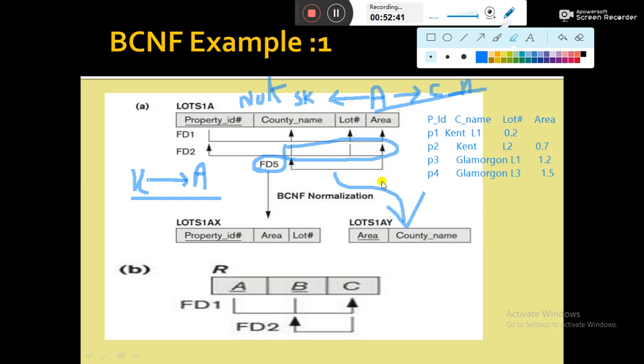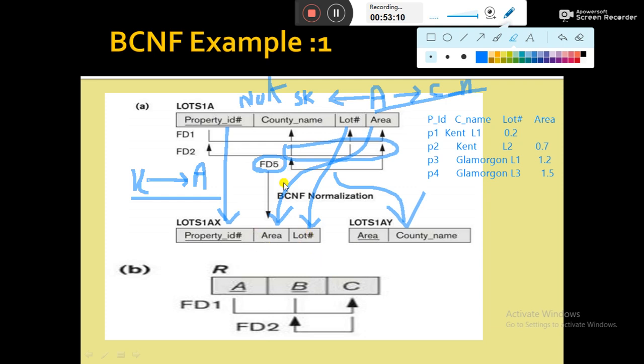Based on FD5, area is the primary key. The other attributes remain: property ID and lot number will also be there. As area is the primary key of the new relation, you have to retain the area attribute in the original relation so that we can establish a relationship.